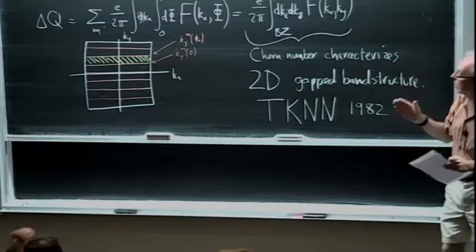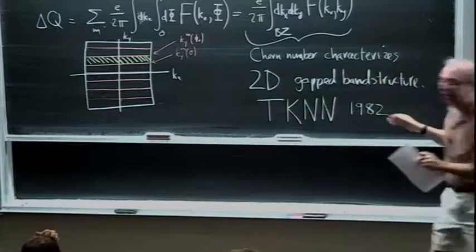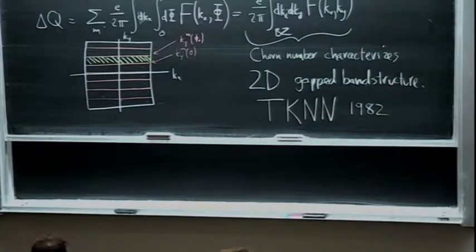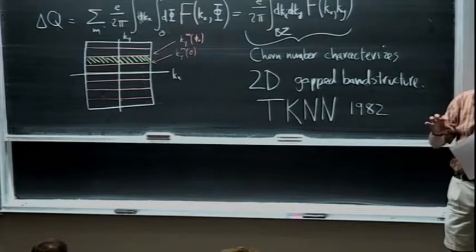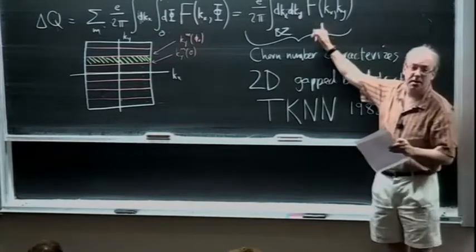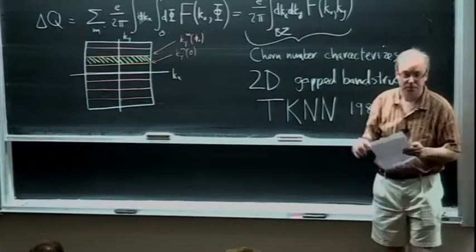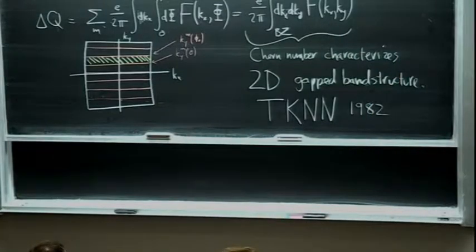The calculation that they did was to calculate sigma xy, which you can compute using linear response theory, using the Kubo formula. What they showed is that when you compute sigma xy by the Kubo formula, you get the same formula as the formula for the Chern number. That's an alternative way of getting that result without taking this detour into one dimension.